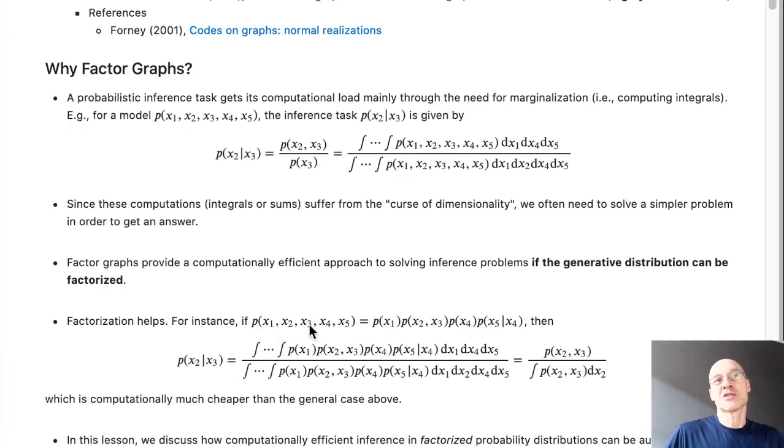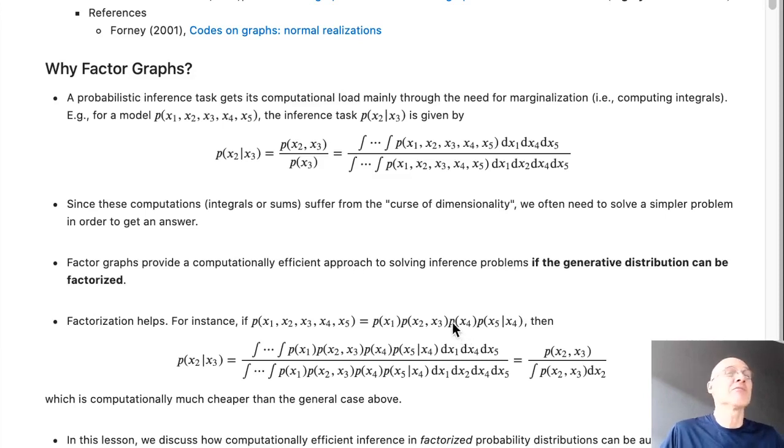What if P of x1 through x5 really is just a multiplication of some smaller models: a probability distribution over x1 times a probability distribution over x2 and x3, and this function now basically allows us to encode all the dependencies between x2 and x3, but the assumption is that x1 is independent of x2 and x3. x2 can be dependent on x3, but x1 is not dependent on x3.